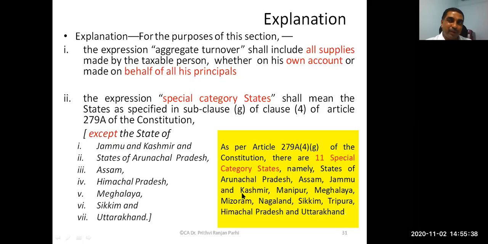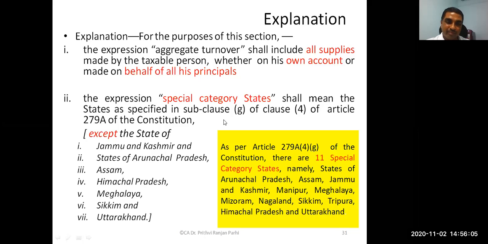It is very important for us to understand this concept because our threshold limit depends on whether a particular state is a special category state or not. But special category does not mean the 11 states specified in the country's Constitution. Out of these 11, 7 are excluded, right? So the remaining 4 shall be considered special category states for the purpose of GST.